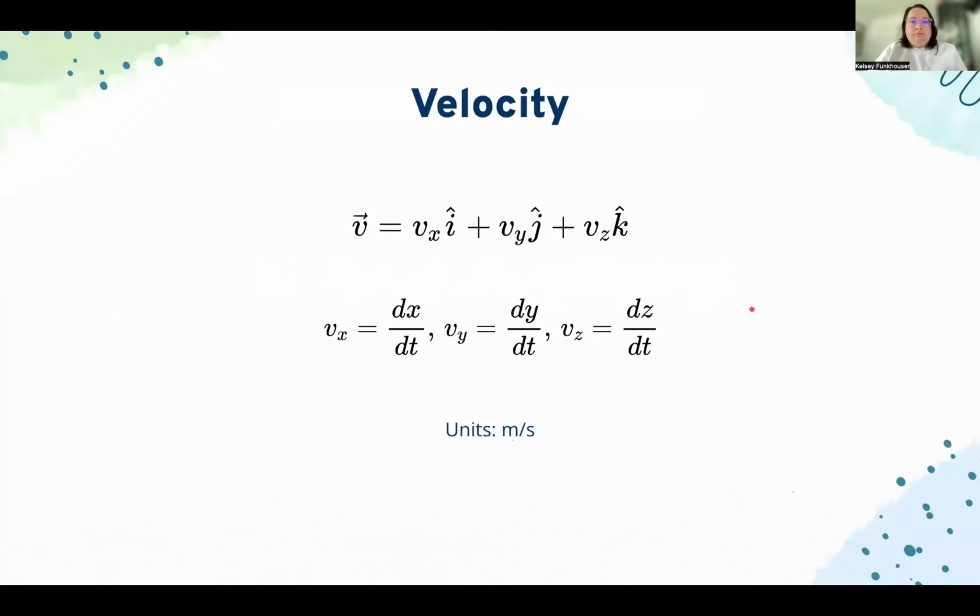And those in turn are the components of the velocity vector. So we have v sub x i hat, which is the derivative of x with respect to t, the same thing with the other two. And the units of velocity are meters per second, because remember from the previous lecture, meters and seconds are those fundamental SI units that we use in physics.